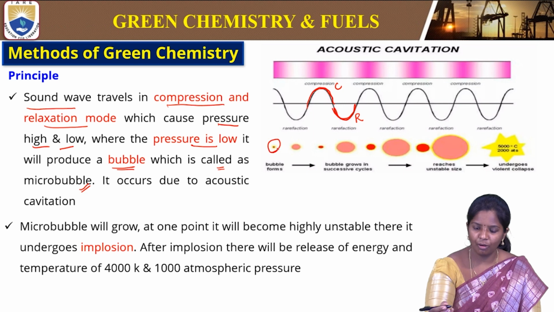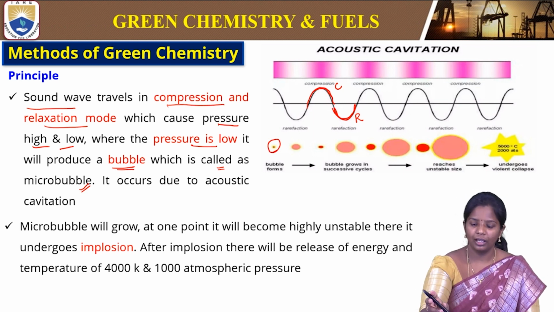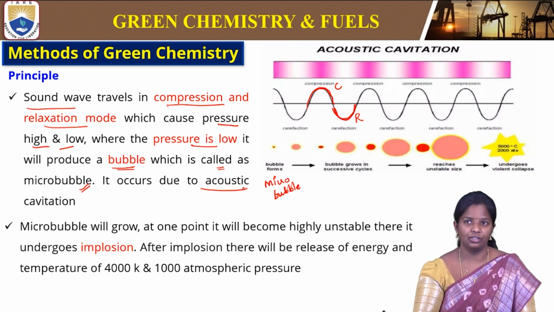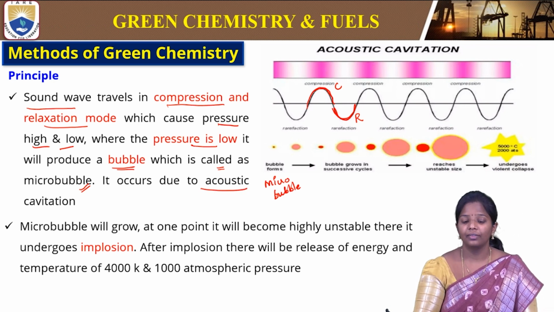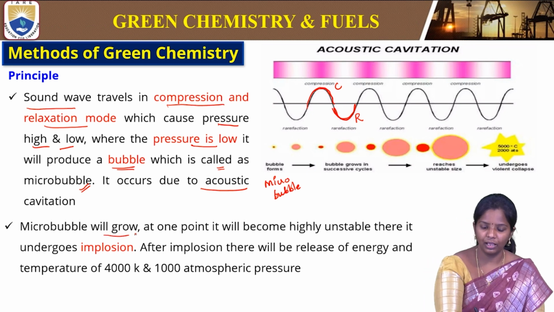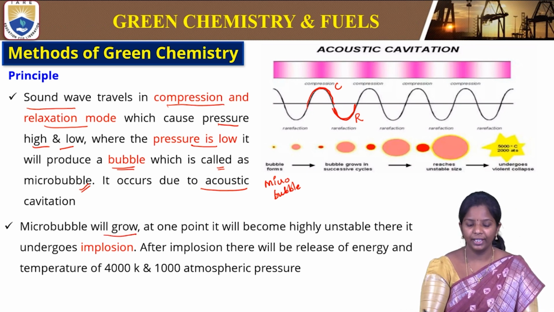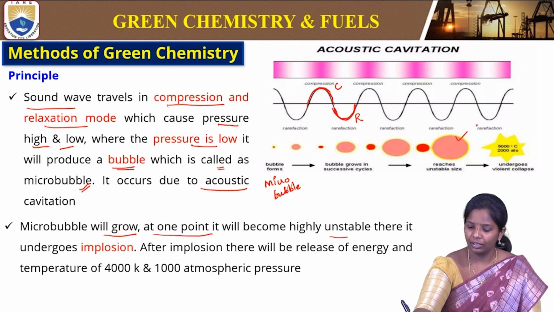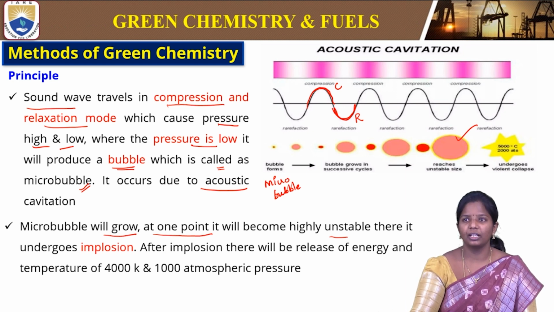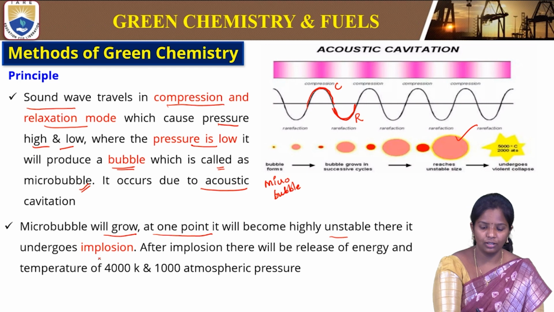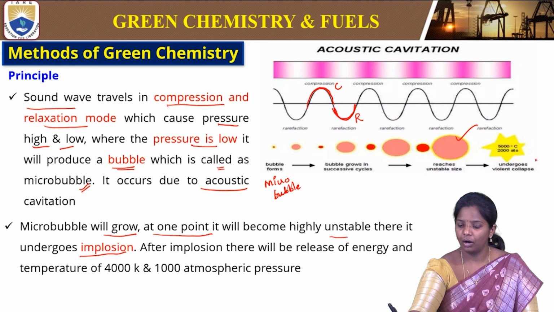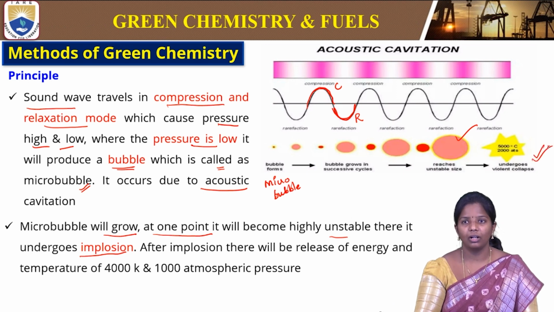So the bubble is forming when the pressure is low. It occurs due to acoustic cavitation. This microbubble keeps on growing, and at one point it becomes highly unstable. It grows into a bigger shape which is unstable in nature, and there it undergoes implosion. So it will implode. That is how the collapse takes place.